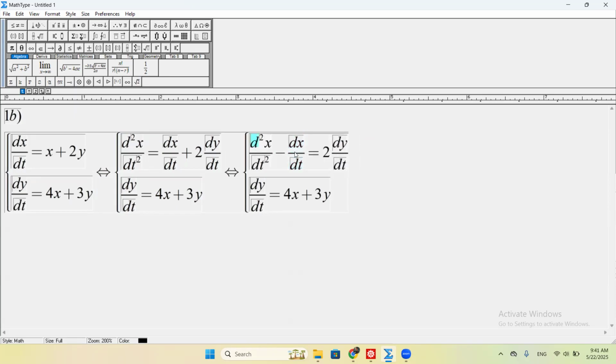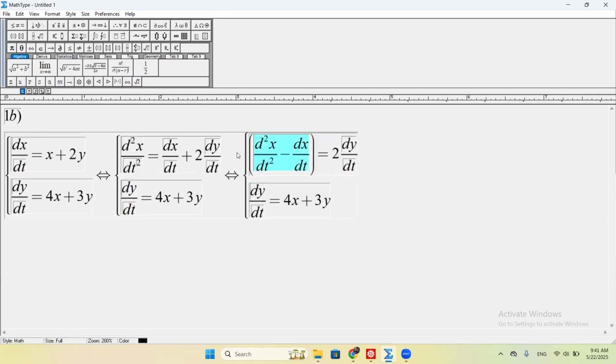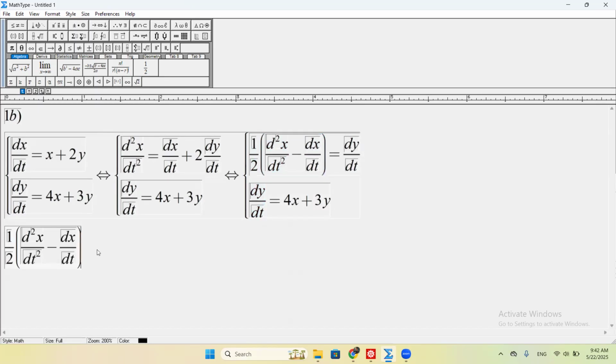And by the way, dy by dt will be equal to this expression divided by 2. Okay, done. So now let's substitute it into this equation. So dy by dt equals this expression and equals 4x plus 3y.